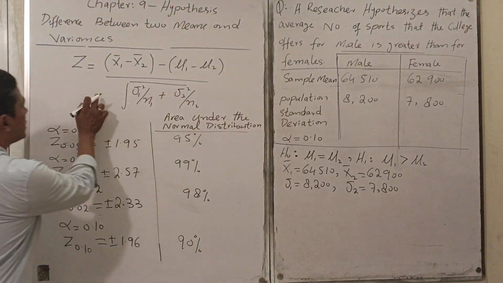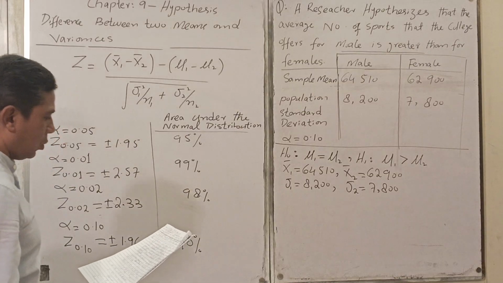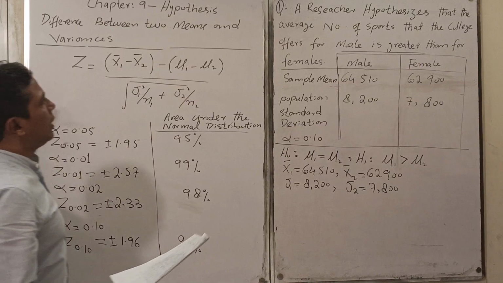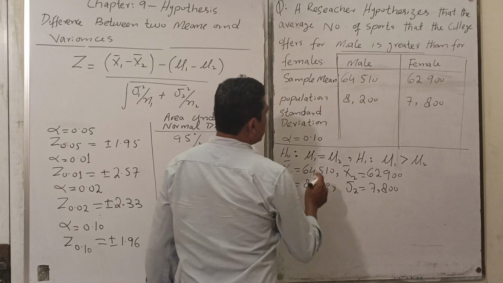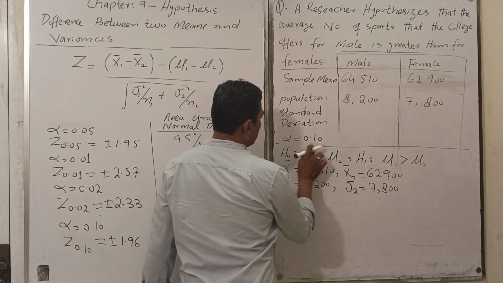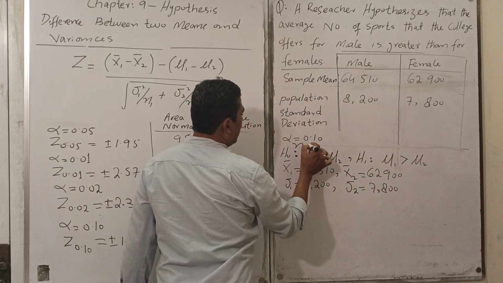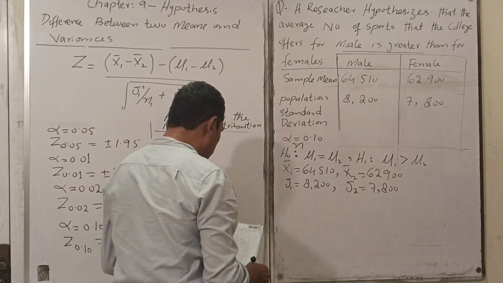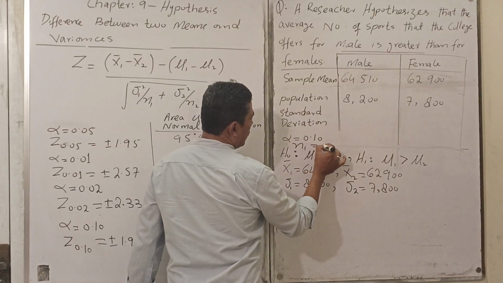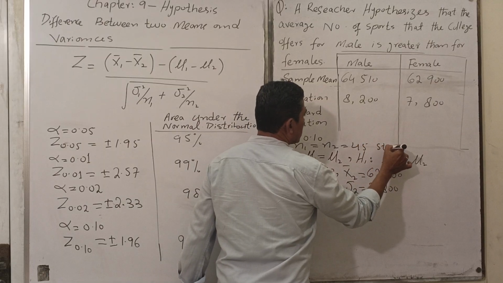Clear? Calculate this value and the number of students. First of all, one important thing is that n is also given. N1 and N2 both are 45. N1 equal to N2, it is equal to 45 students.